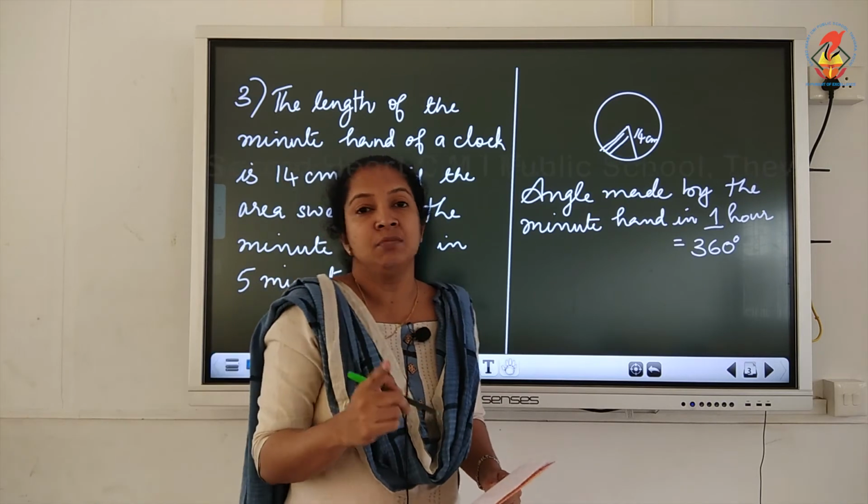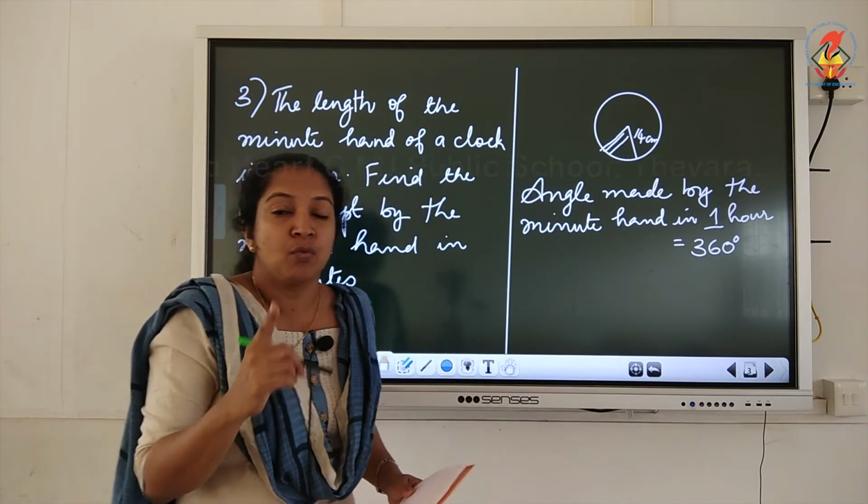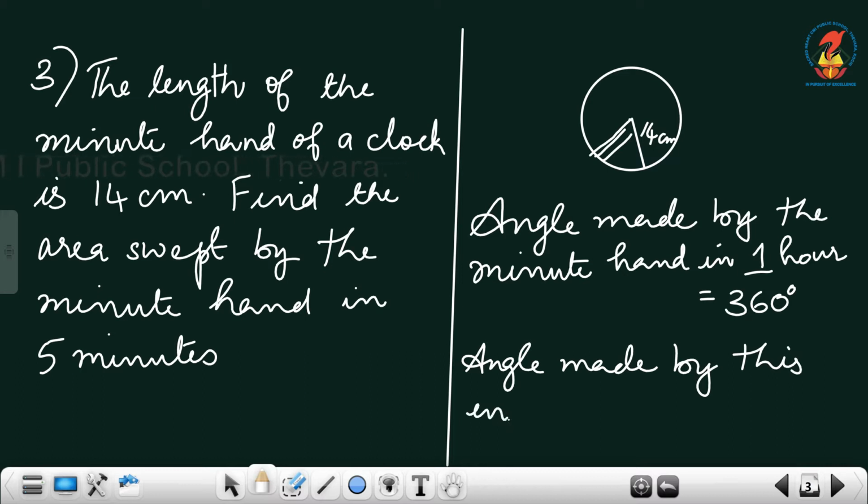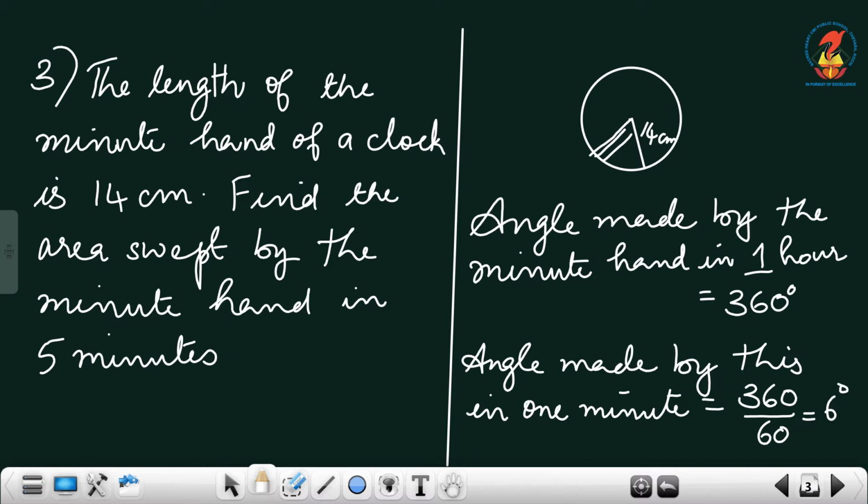What about the angle made by it in 1 hour? Sorry, 1 minute. Angle made by this in 1 minute is equal to 360 divided by 60, that is equal to 6 degree.